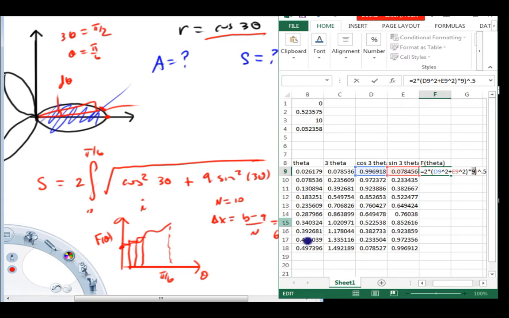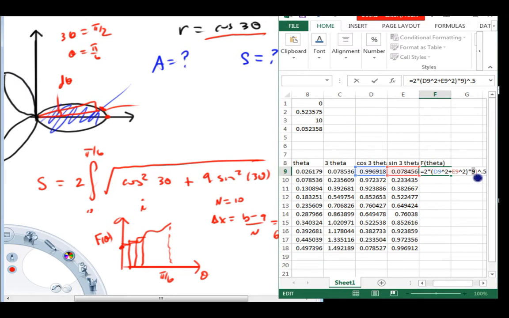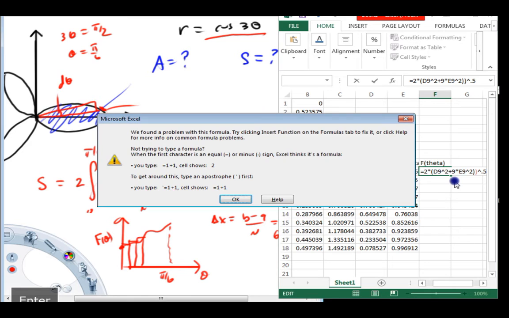Darn it. Why doesn't it like that? It doesn't seem to like that 9, so I'm going to get rid of it. Okay, let's put the 9 right here, 9 times, there we go.